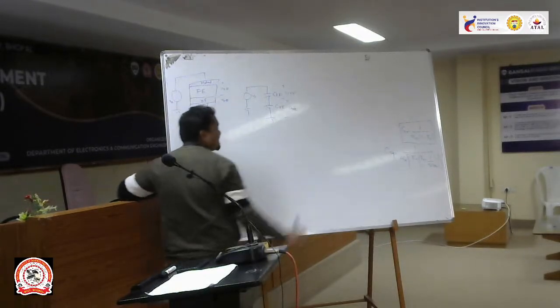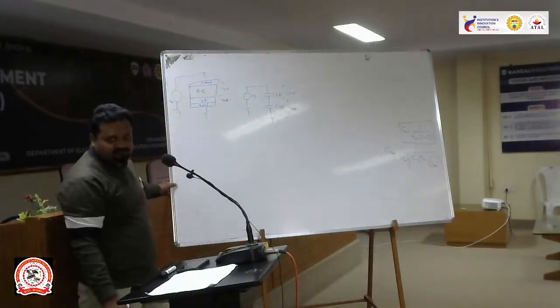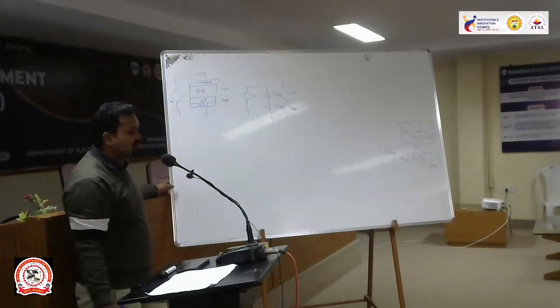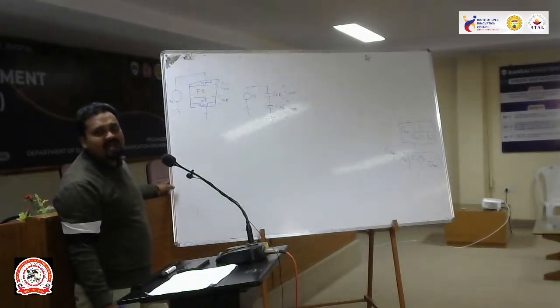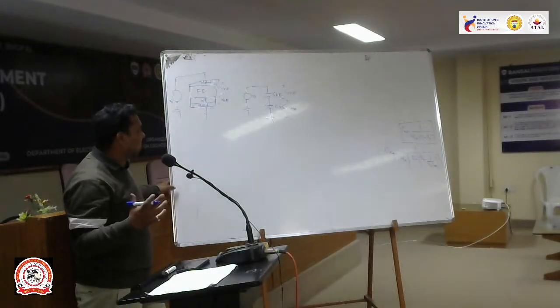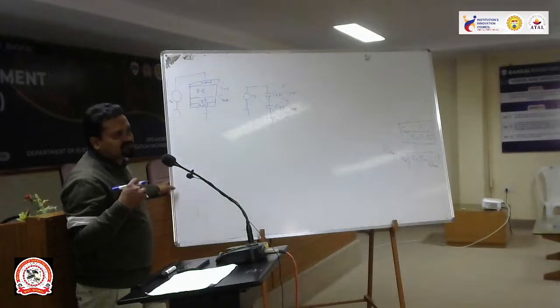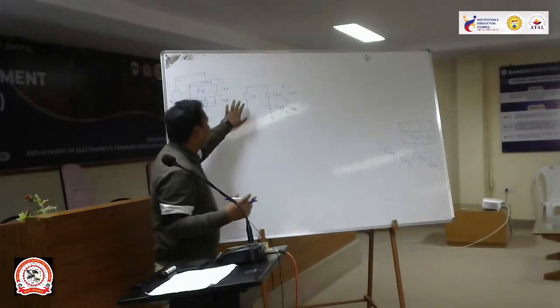Now, as I told in the earlier sessions, there is a provision of voltage amplification. And voltage amplification means what? The voltage drop across the dielectric capacitance will be more than the supply.